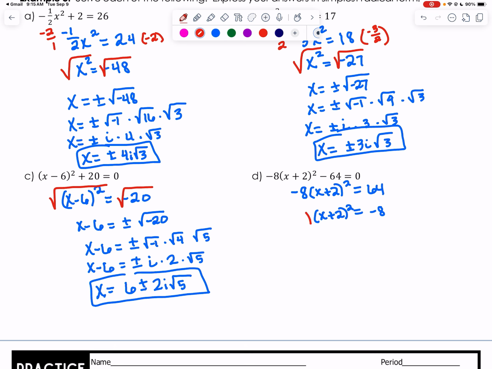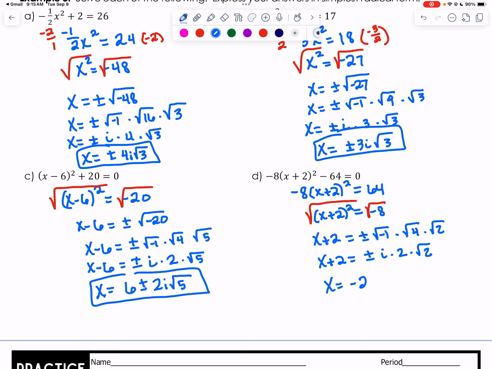I took the square root of both sides, and that gave me x plus 2 equals plus or minus, and then I simplified this to square root negative 1, square root 4, square root 2. So x plus 2 equaled plus or minus i times 2 times square root 2. And then I subtracted 2 from both sides. So negative 2 plus or minus 2i square root 2.